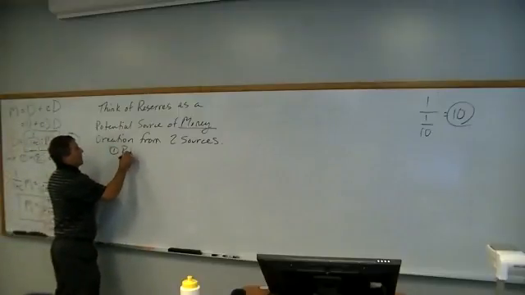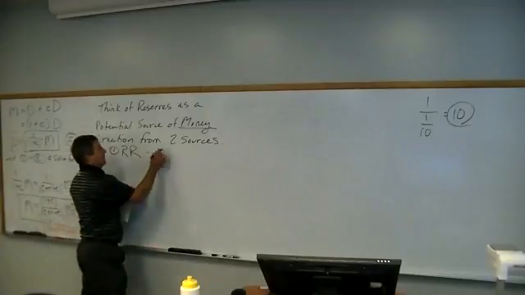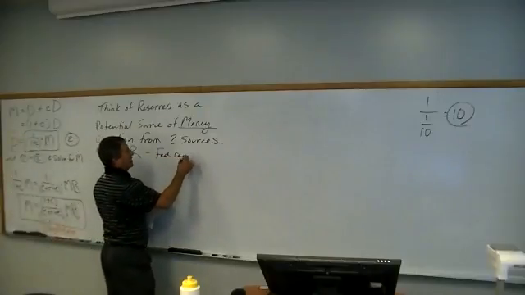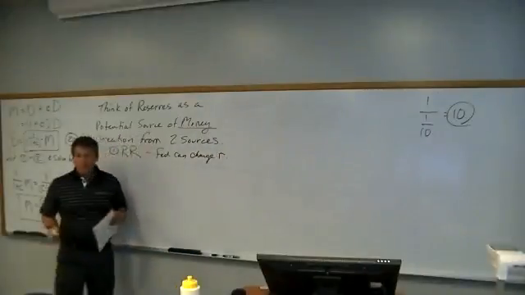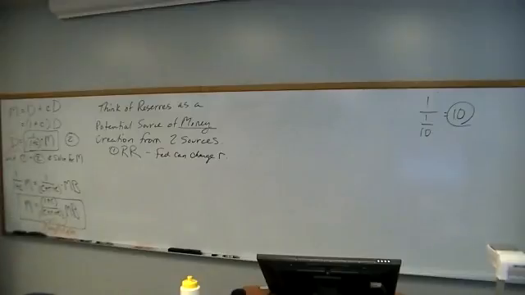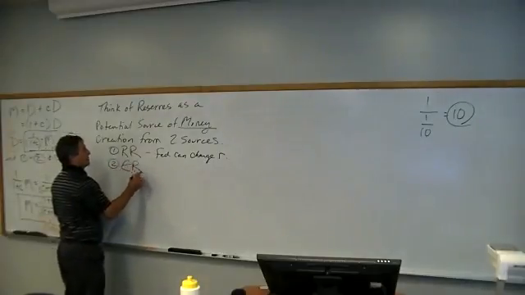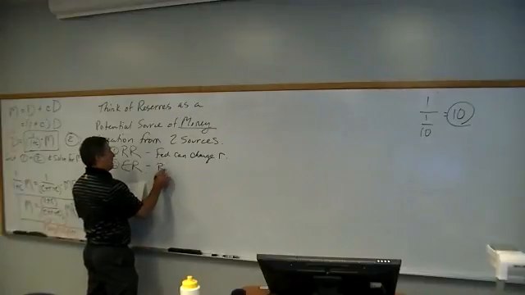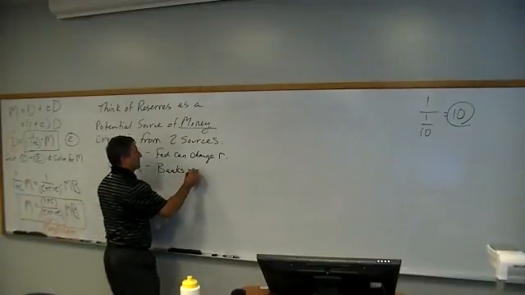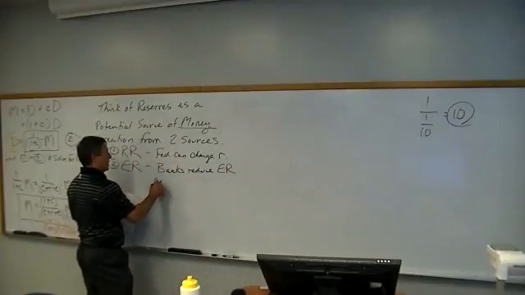One, required reserves. The Fed can change little r, the required reserve ratio. Two, excess reserves. Banks can reduce excess reserves and loan out more money.